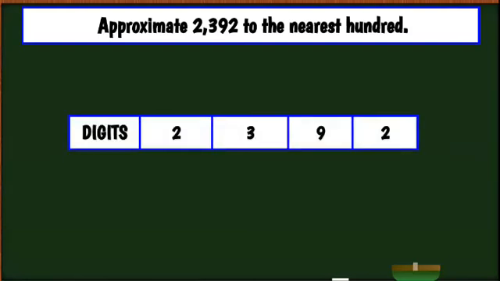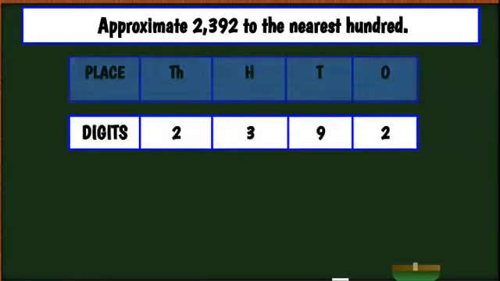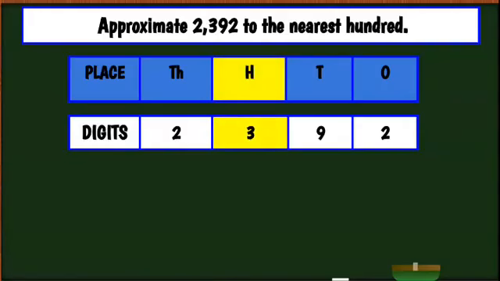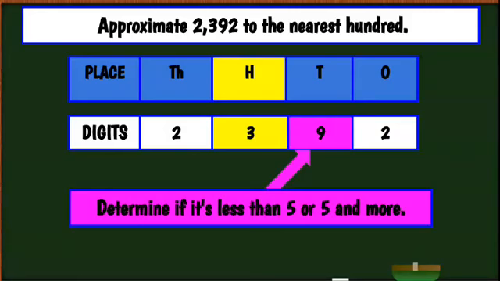So again, we have a number with digits, and our place value for each digit. So we find our number in the hundreds position, and we find our number in the tens position. Now we have to determine if the number in the tens position is less than 5 or 5 and more.